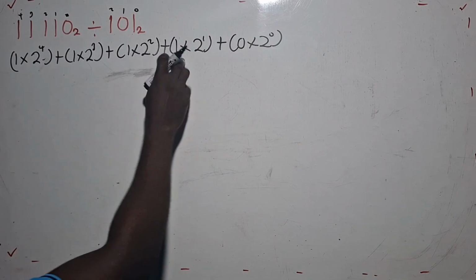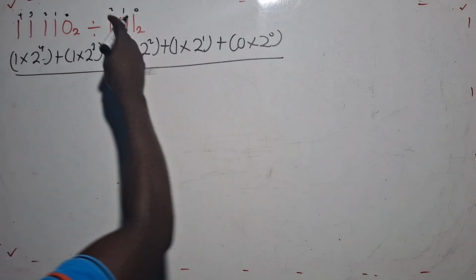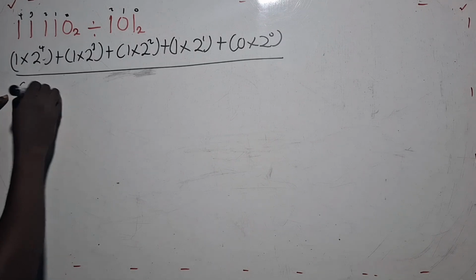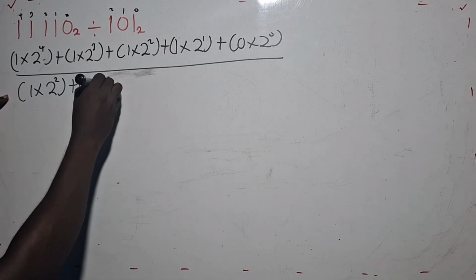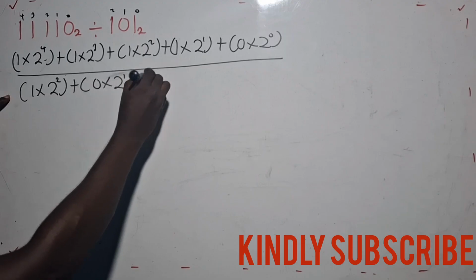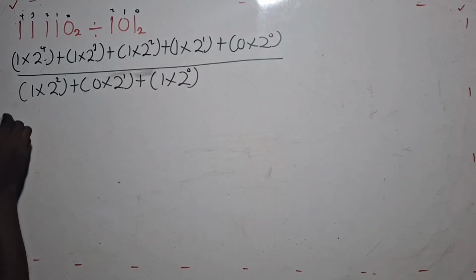So that is 5 digits. Plus, then we come to the down one: 1 times 2 power 2, 0 times 2 power 1, then I have 1 times 2 power 0.